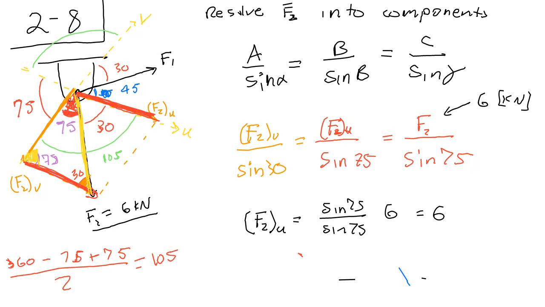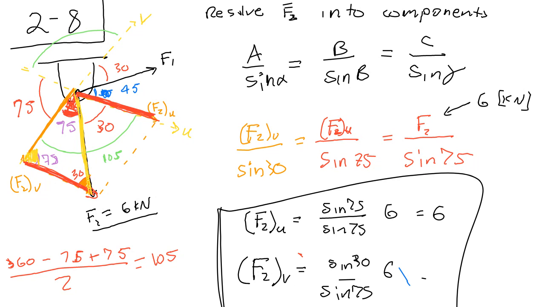So F2U is equal to 6, and F2V, let's see, it's going to be sine 30 on the top over sine 75 times 6. Okay, and those give you your answers in kilonewtons.